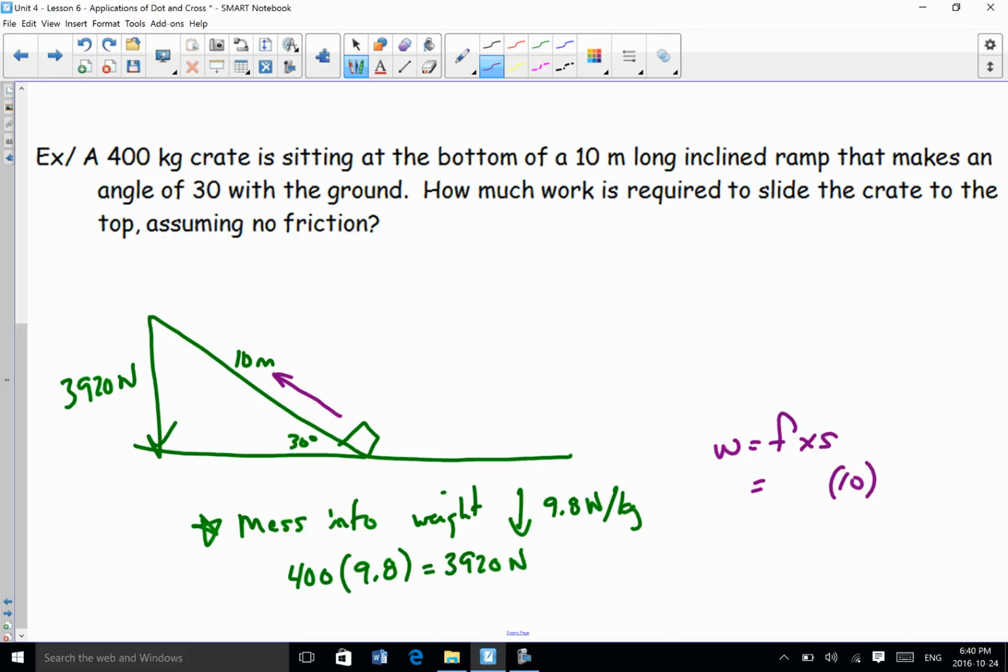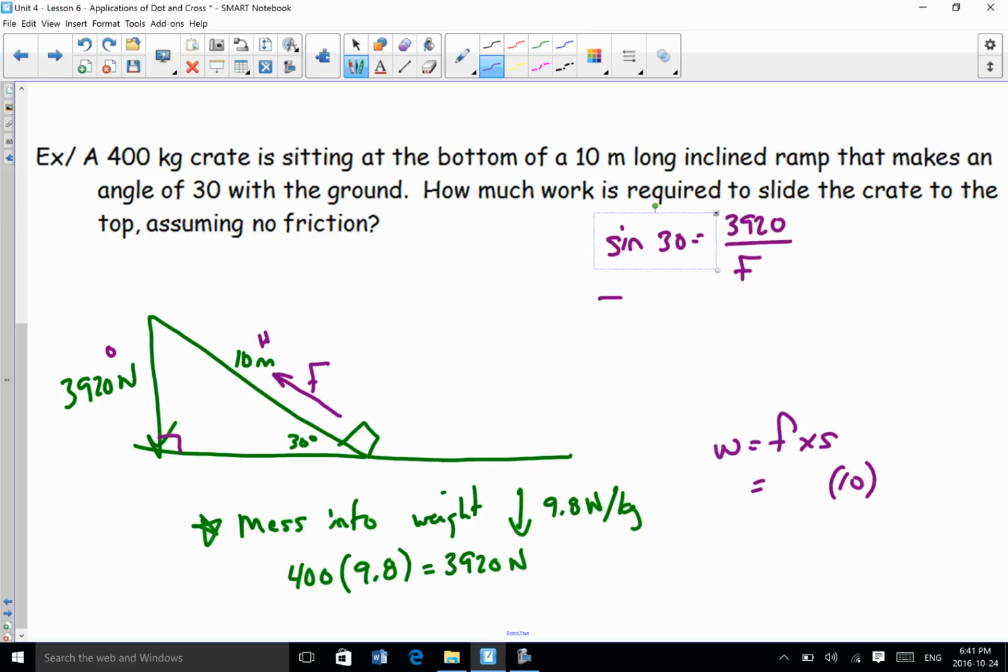Well, again, it's right angled. This is my opposite, my hypotenuse this time, so I can use sine. So the sine of 30 equals my opposite, 3920, over the hypotenuse, the force that I want. I need to push this force up the ramp.